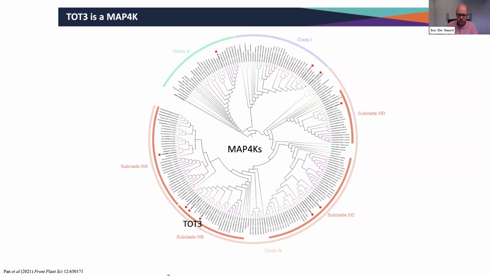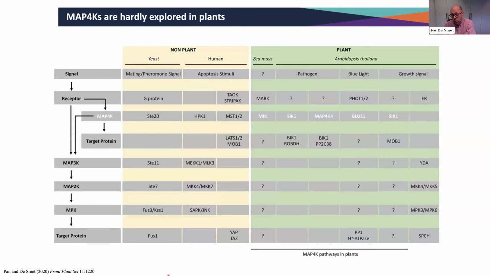So if we then look at what was known and what is at least the proposed role of these MAP4Ks in non-plant organisms, they're positioned downstream of a signal which is perceived by a receptor, which is then regulating these MAP4 kinases. And there, the name also comes from, they are positioned upstream of these canonical MAP kinase signaling cascades, MAP3Ks, 2Ks, 1Ks, which are then controlling target proteins.